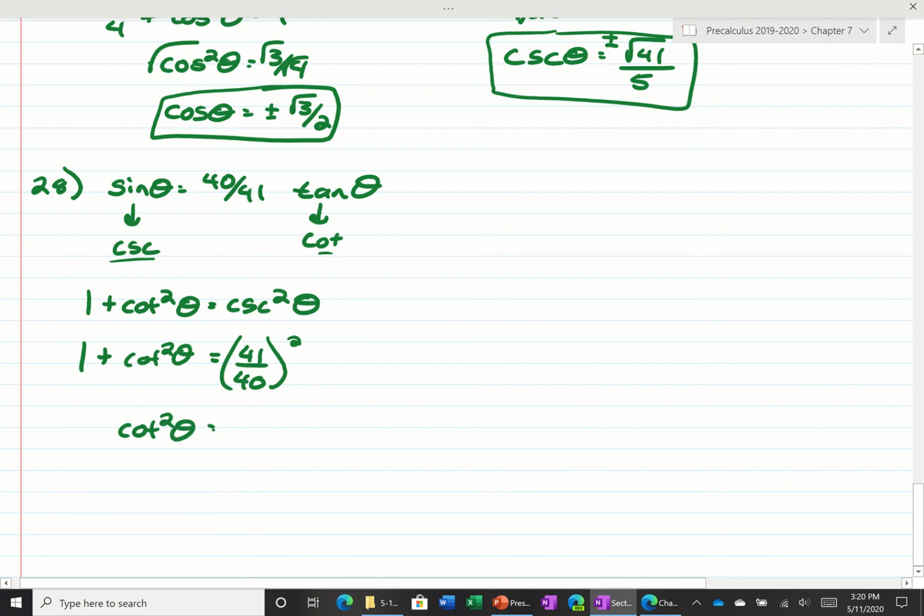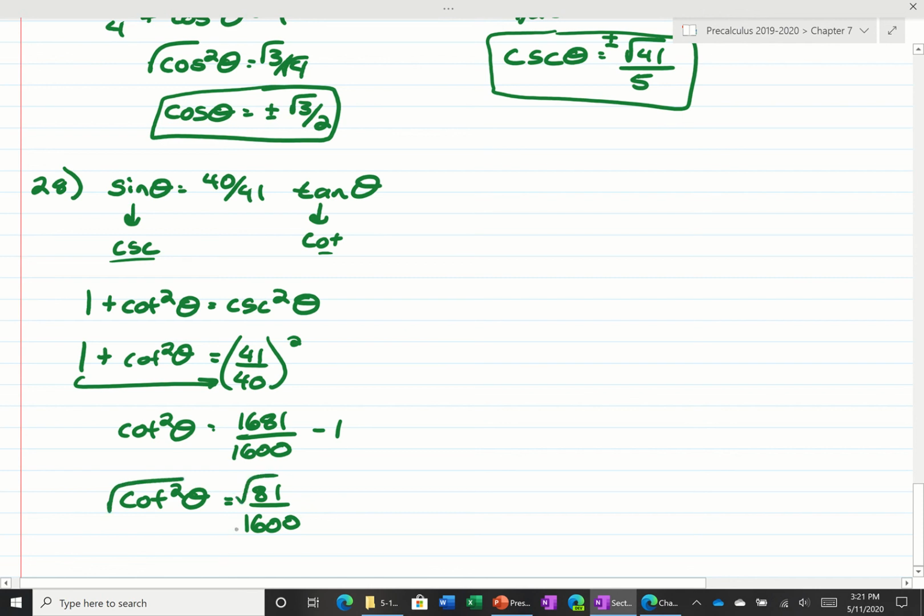And if I do 41 over 40, square that and subtract 1, let's see, my calculator doesn't want to give me a good number, so 41 squared is 1681, 40 squared is 1600. I'm going to subtract 1, so I get the cotangent squared of theta, I'm just bringing the 1 over, would equal 81 over 1600.